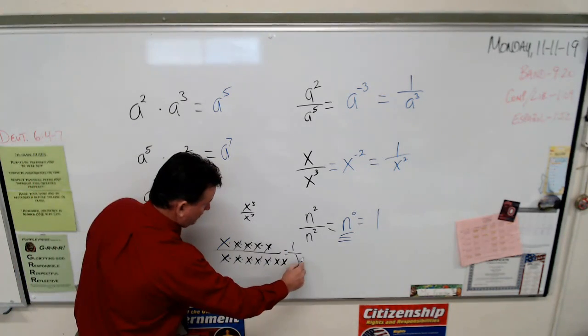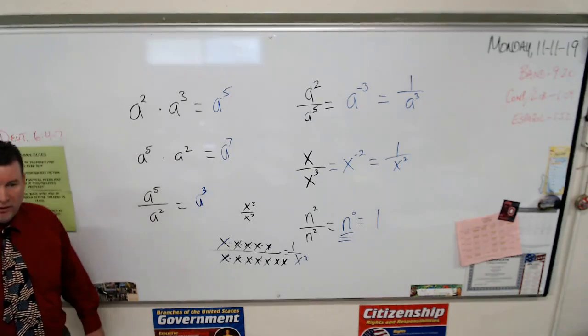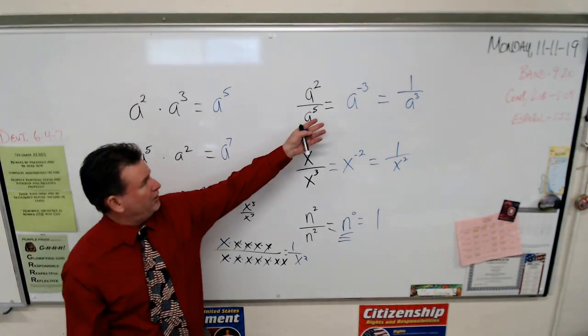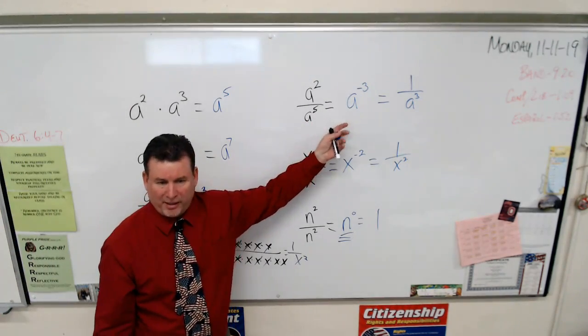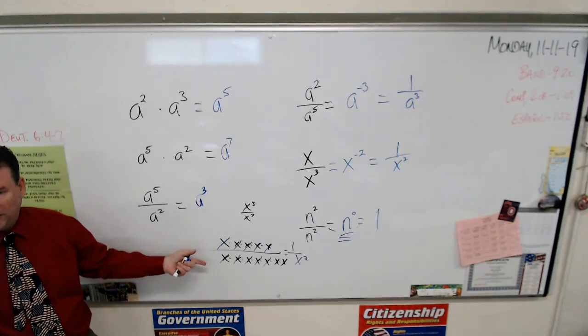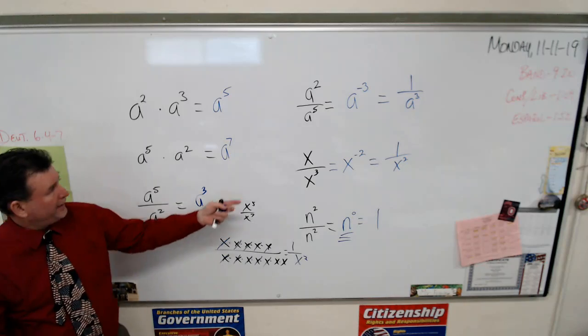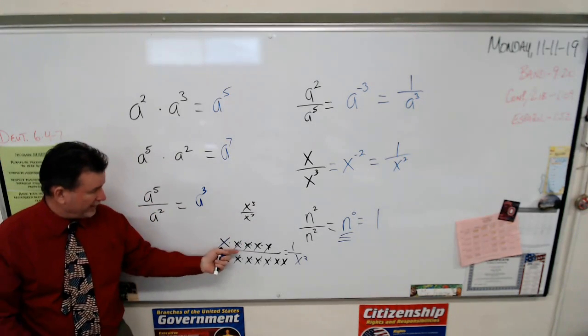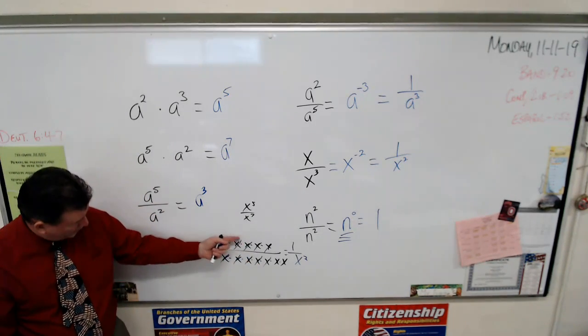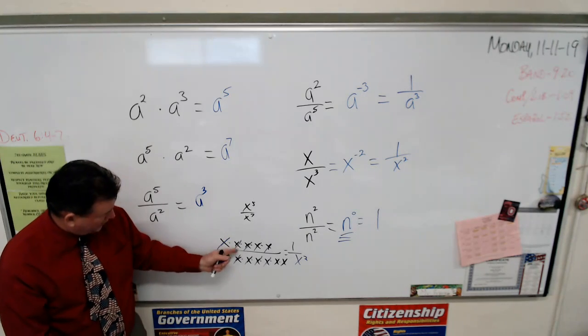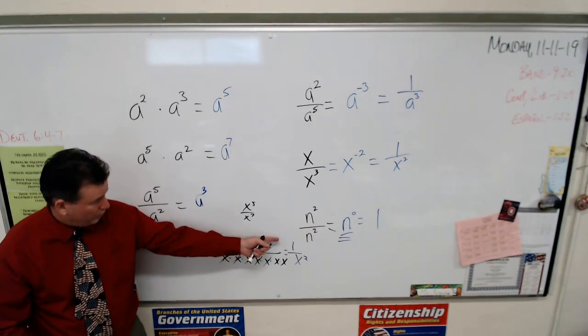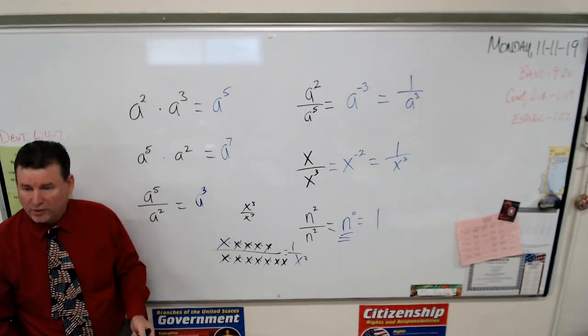X squared. So at first you're looking at that like, how does that even make sense mathematically? And now you see it makes perfect sense mathematically. If you write it out, x to the 5th over x to the 7th, after you cancel all these, because everything here gets canceled, it becomes 1 over x squared.